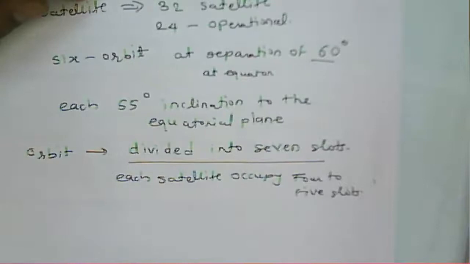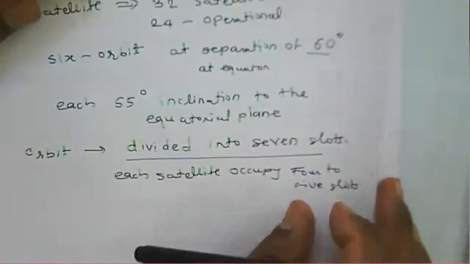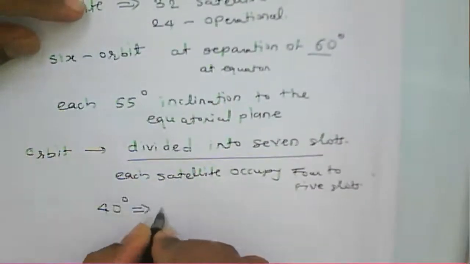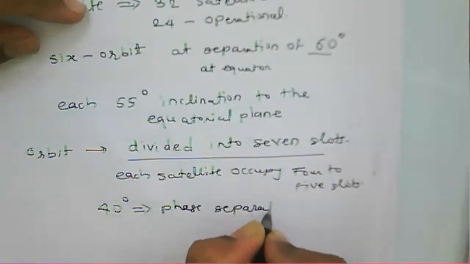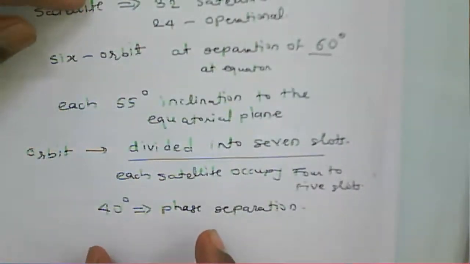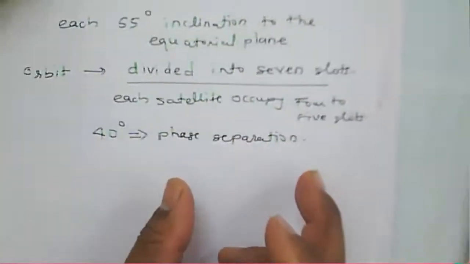The spacing is designed in such a way that it provides a phase separation of 40 degrees between a satellite and the satellites in the adjacent orbit.